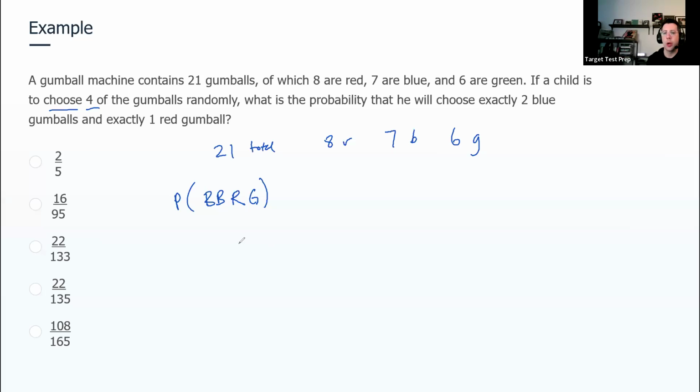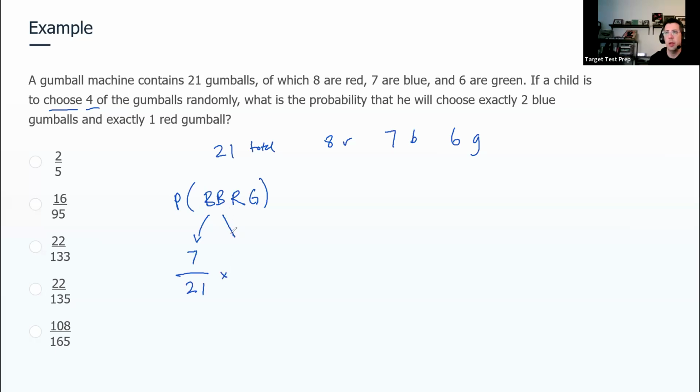So, okay. The total number of ways to do this, or rather the probability. Let's just say we do it in this order. Let's say we do a blue and then a blue and then a red. Okay. So if we pick a blue, that's going to be 7 out of 21.